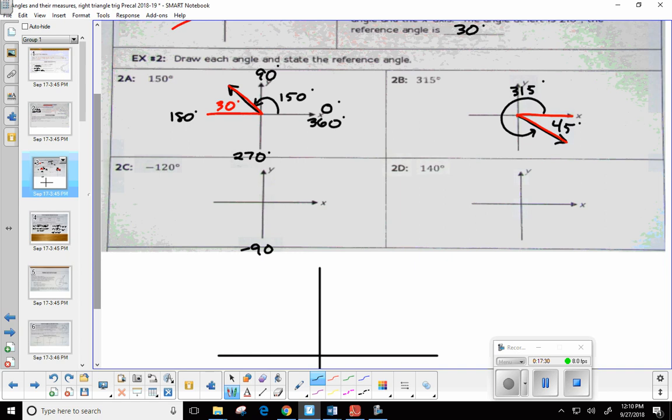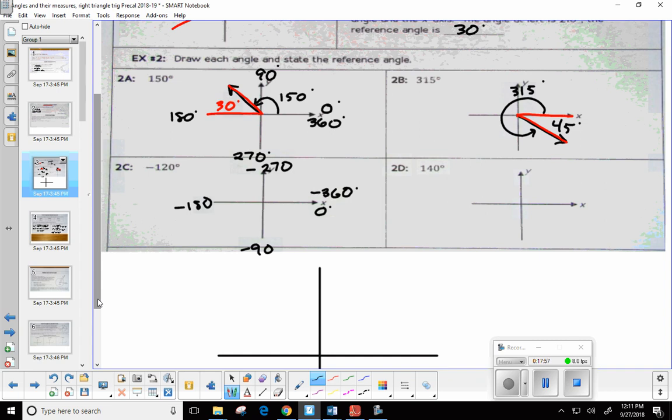This would be negative 90, negative 180, negative 270, until I get all the way back around to negative 360. You're just reversing those. Because again, we're not saying that the angle itself is negative, it's just the direction you rotate. Okay?